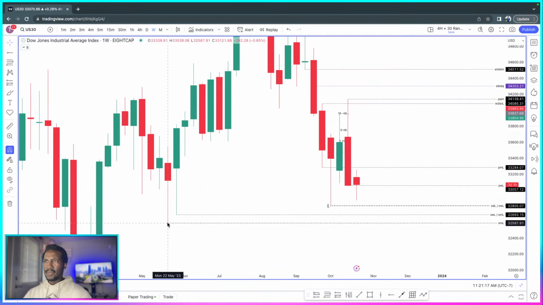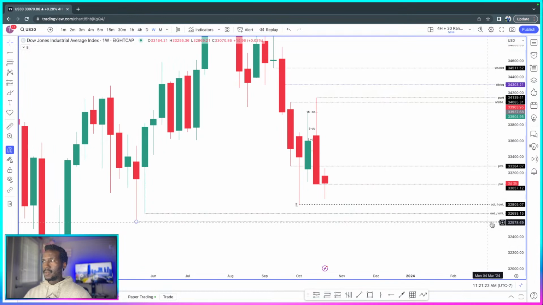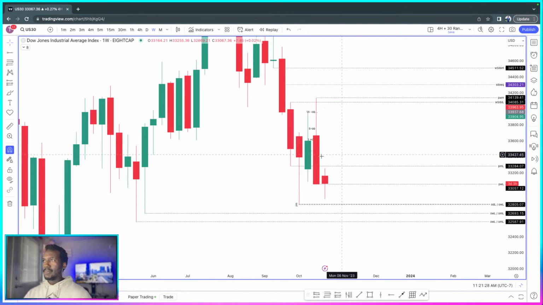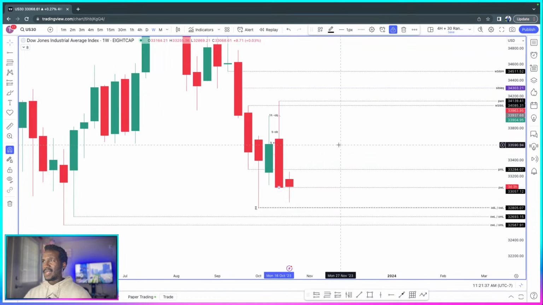It's also the same old monthly low and also old weekly low, so let me put that right there. OWL, old weekly low. Maybe I can have a glossary here showing my abbreviations. And this is the previous week low, which is now locked so it cannot move. And the previous week high, that's okay.